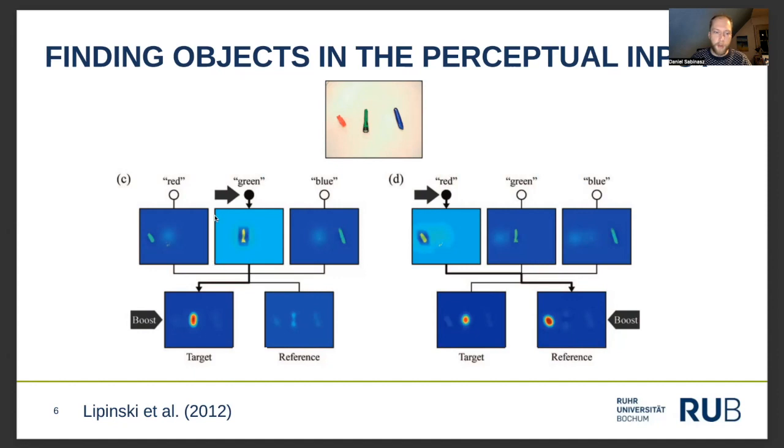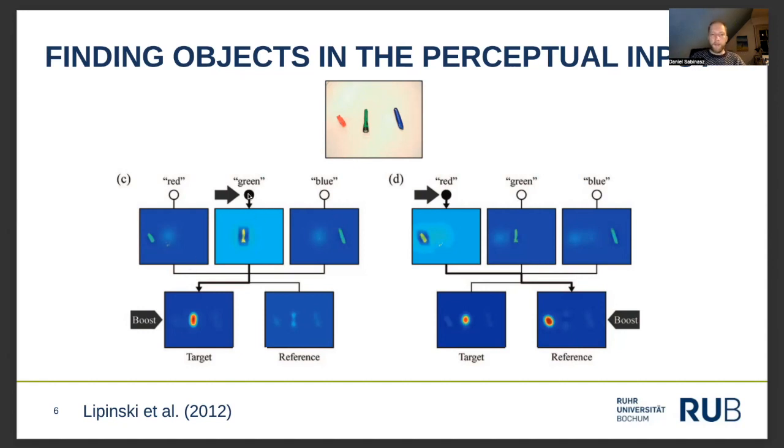So if we provide a boost input into the green region of this color attention field, or color space attention field, as it's sometimes called, that will result in the formation of a peak at the location of green objects, and the same for the other colors.